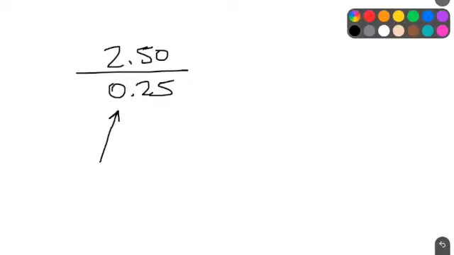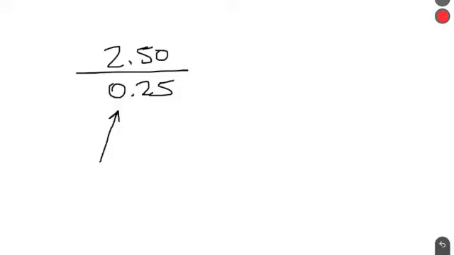First, we look at the bottom number and ask: how many places will we need to move our decimal point to make this number a whole number? In this instance, we need to move the decimal place over 2 times.